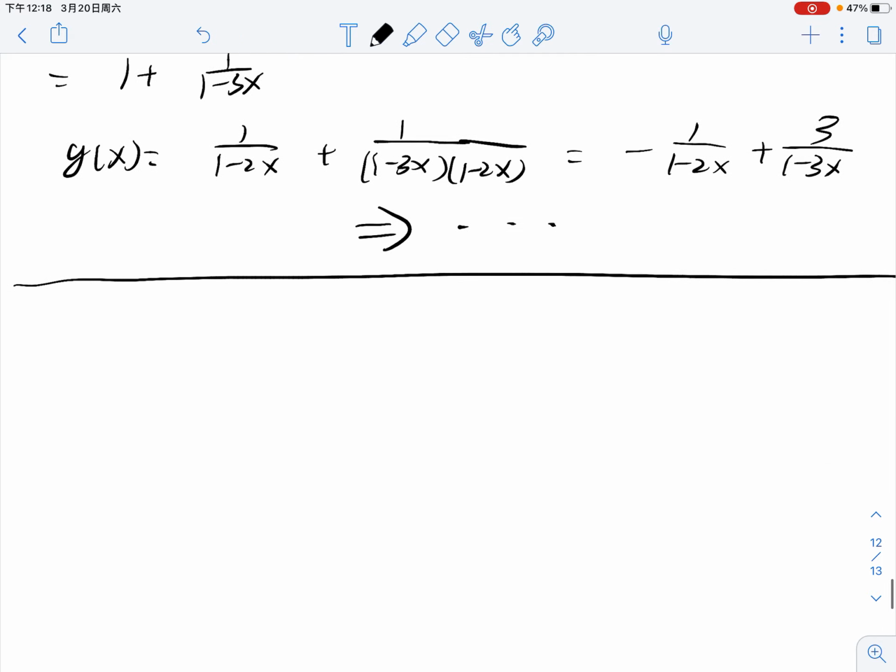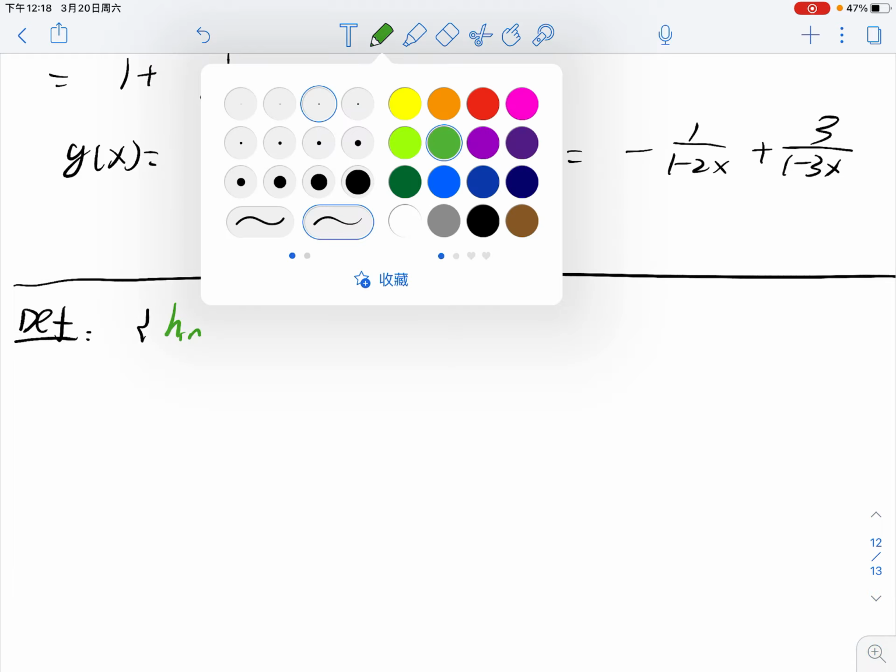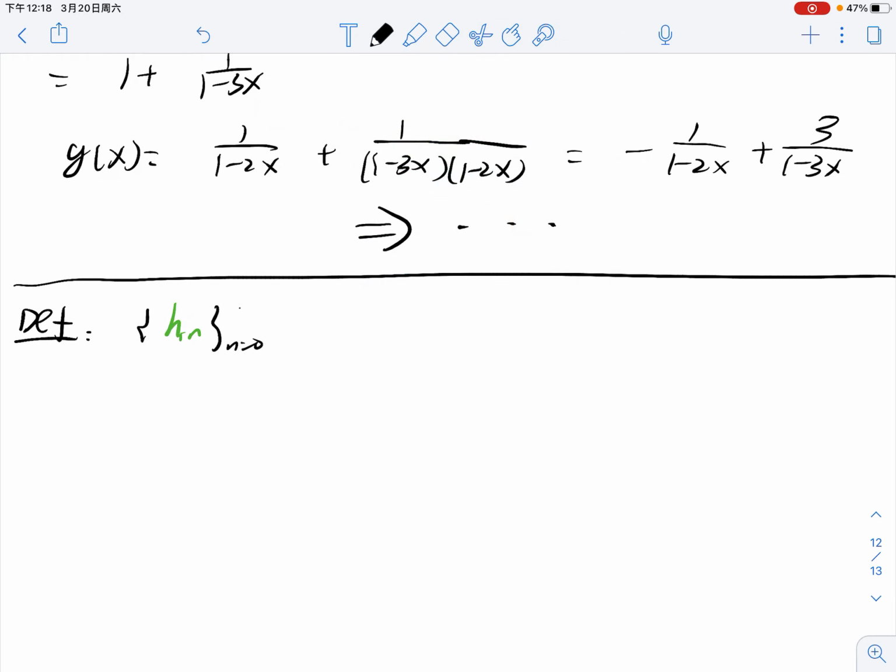Now we introduce another type of generating function. This is the so-called exponential generating function. So suppose you have a sequence Hn, and the exponential generating function is defined by summation from 0 to infinity of Hn times, instead of x to the n's power, you just put n factorial in the denominator.